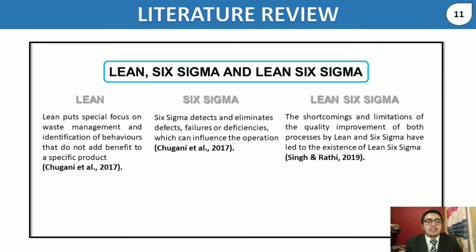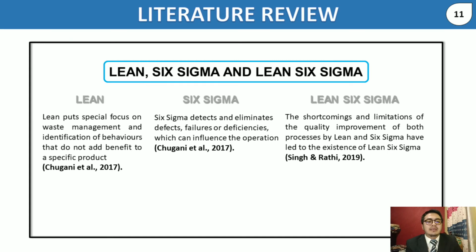The next subtopic is about Lean and Six Sigma. For the method of Lean, Chungani and friends in 2017 stated that Lean puts special focus on waste management and identification of behavior that does not add benefit to a specific product.